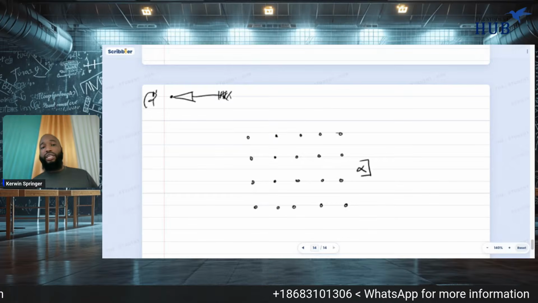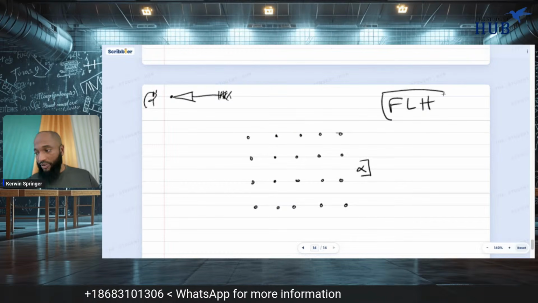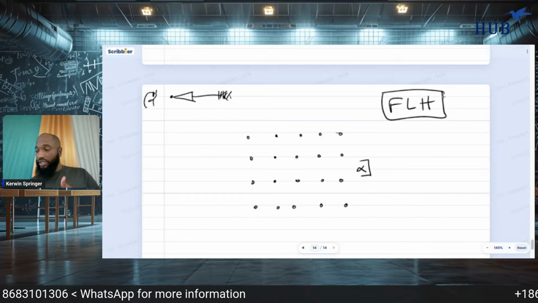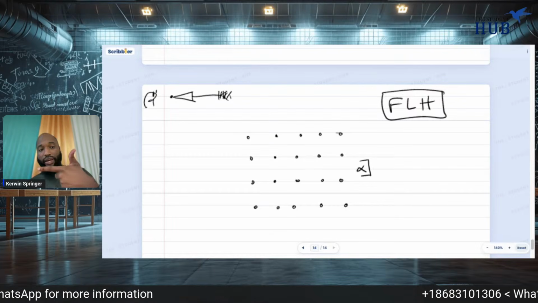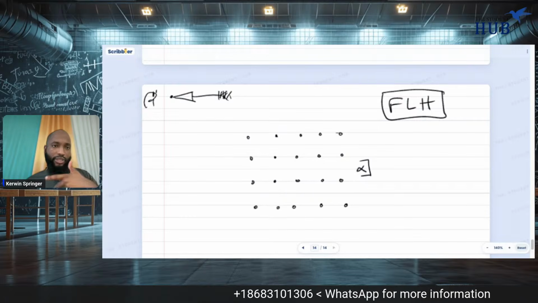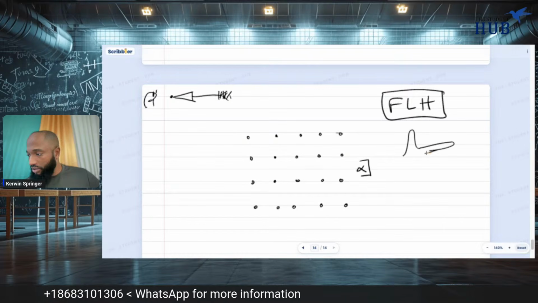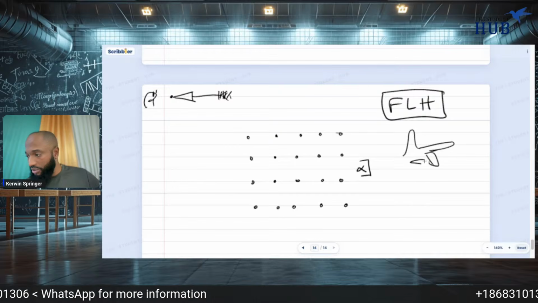Which hand are we using? You're using Fleming's left hand, because Fleming's left hand gives us the motor effect, the motion. Now, I'm holding up my right hand in here, but it's my left hand in reality, right? So left hand, like this.